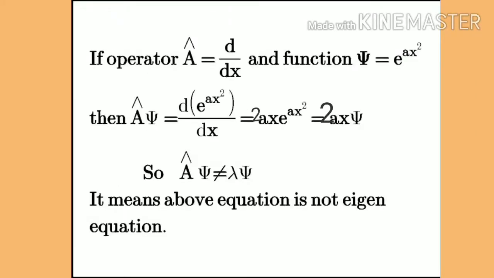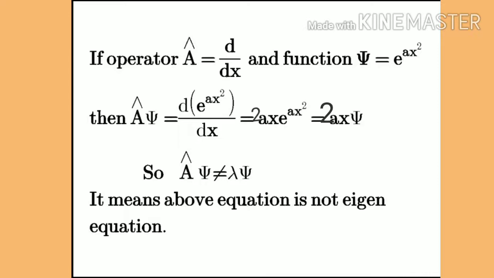We can understand it with another example. If a cap is d upon dx and psi is e raised to power ax square, if we differentiate e raised to power ax square with respect to x, then we get 2ax e raised to power ax square.